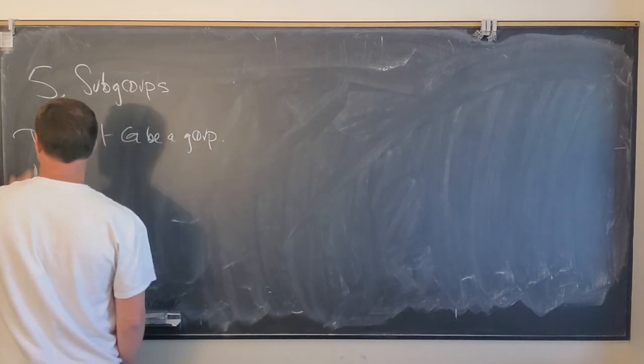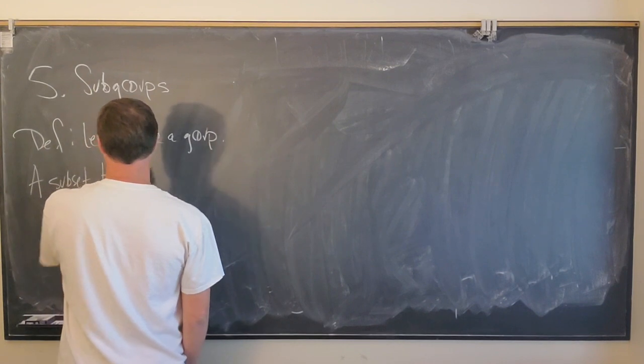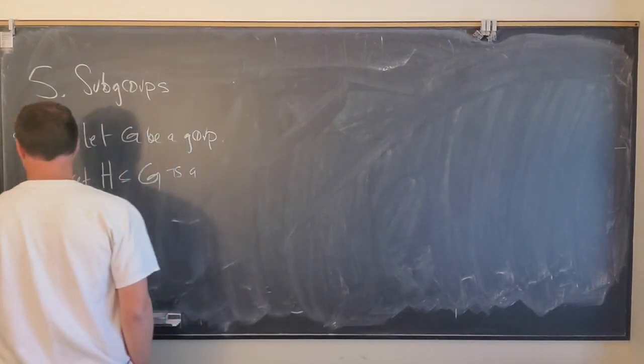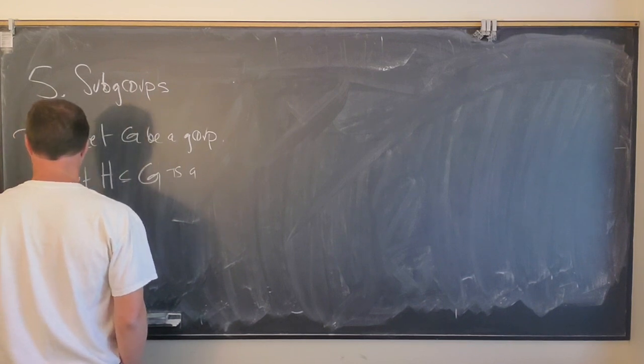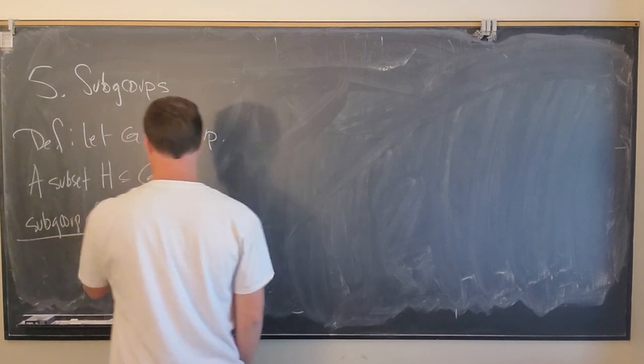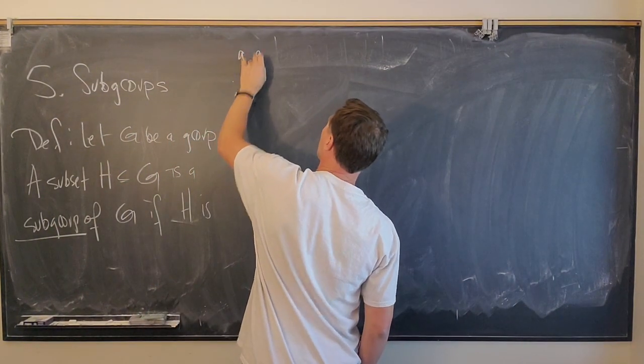So a subset, capital H, of G is a subgroup of G if H is a group.